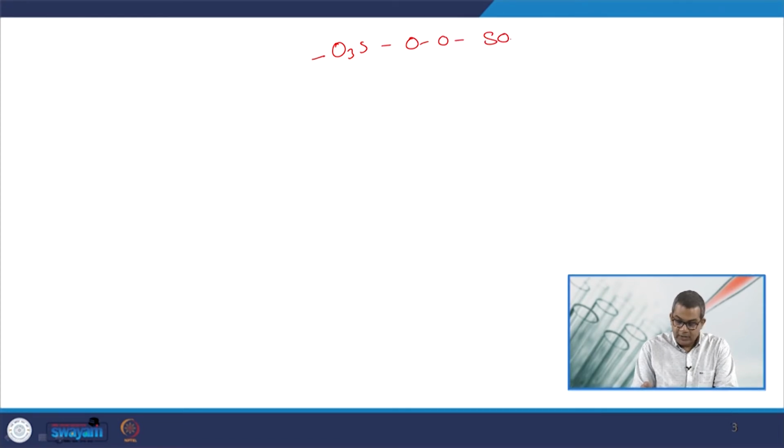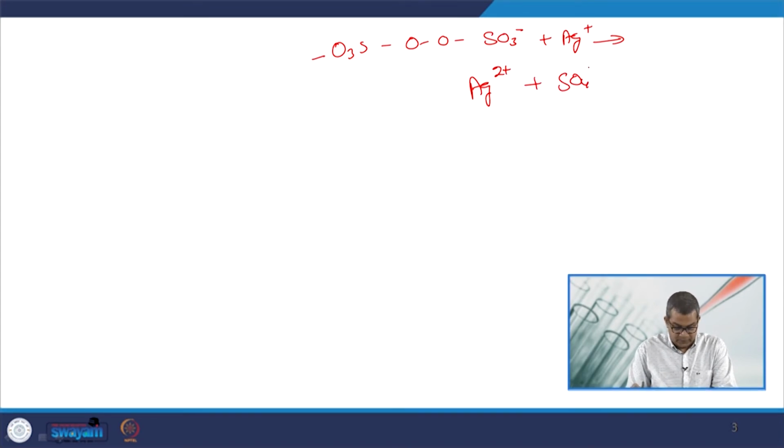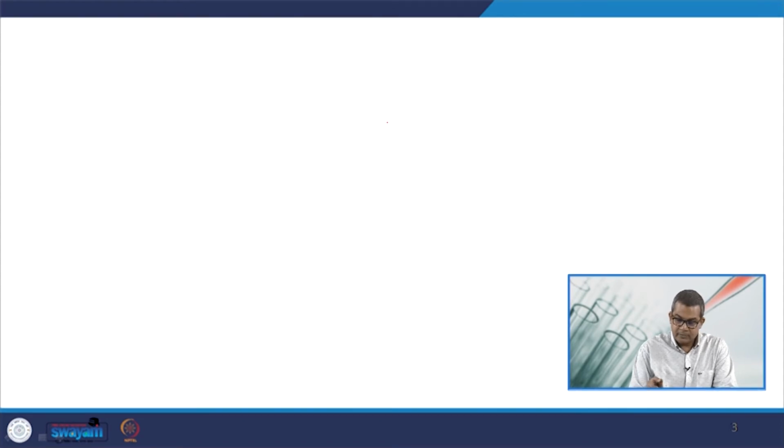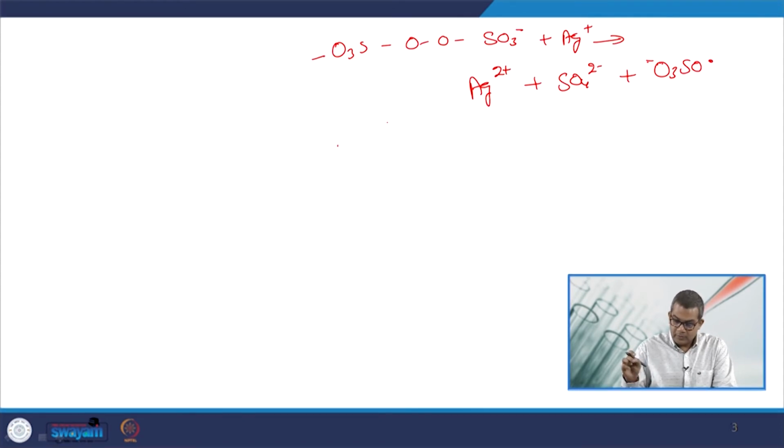O3SOO SO3 negatively charged, then this silver ion combined with this, and this is sulfate ion plus. Now, similarly, if you take another reaction into consideration, O3S is combined with the O, bonded with the oxygen.